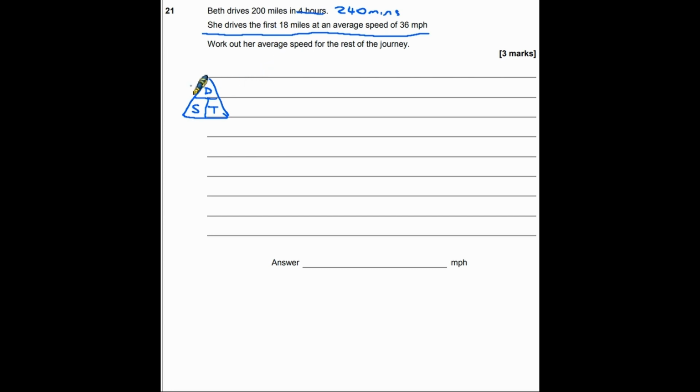We know the distance is 18 miles, and the average speed in miles per hour is 36, so distance divided by speed gives us the time. Well, this gives us 0.5. Don't forget that's in hours because it's miles per hour. So that is the same as 30 minutes. It's half an hour.